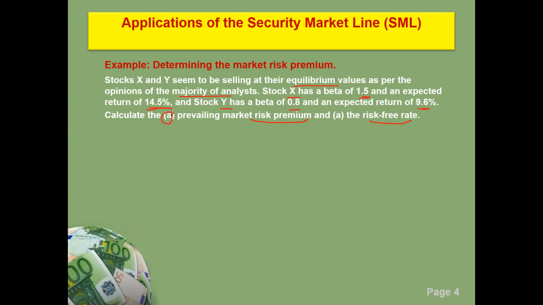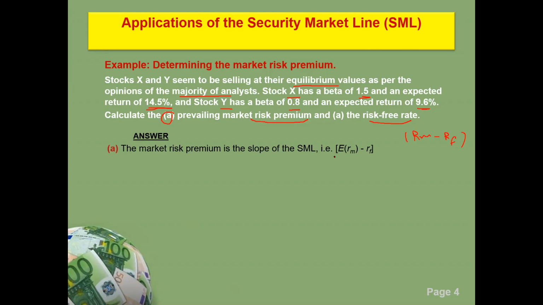We know market risk premium is basically the return of the market minus the risk-free rate. So to find the market risk premium, we have to see what information we can use to reach this number.